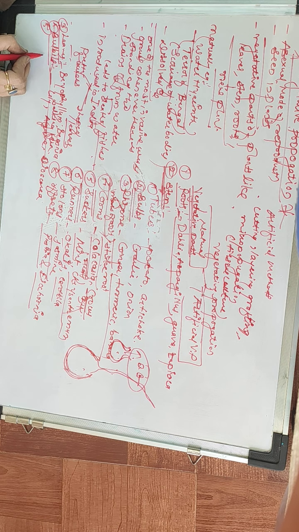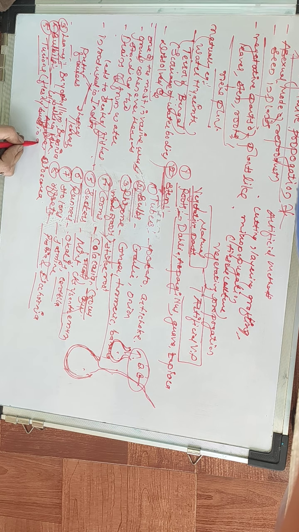And last is known as turions. This is also a part of the plant, and it generally occurs in aquatic plants. Turions are nothing but fleshy buds, and these fleshy buds are generally found in aquatic plants. Turions are also vegetative parts of the plant that grow naturally into a number of plants.